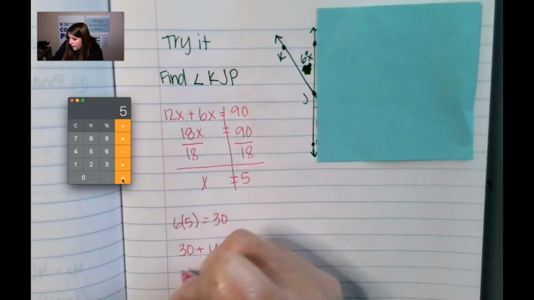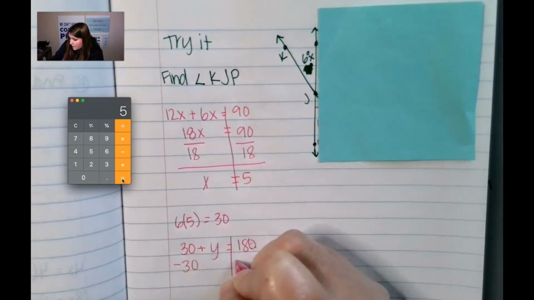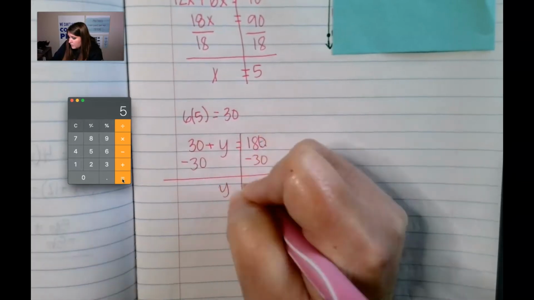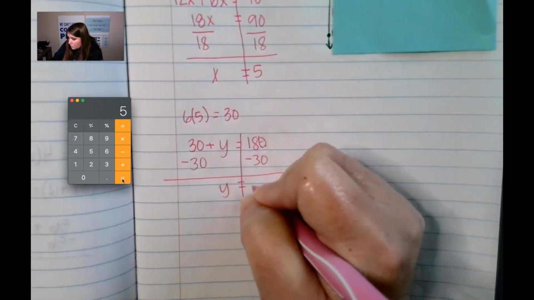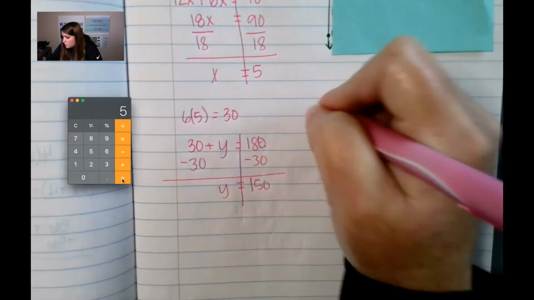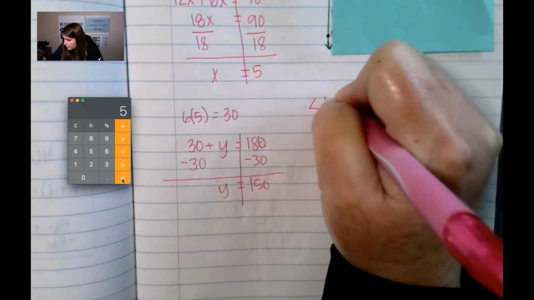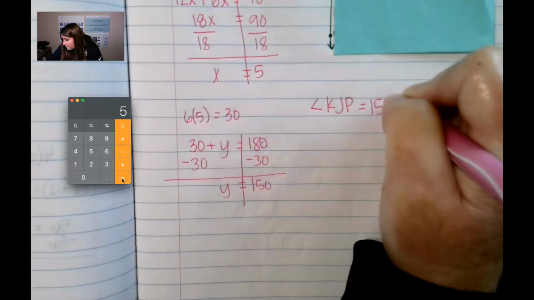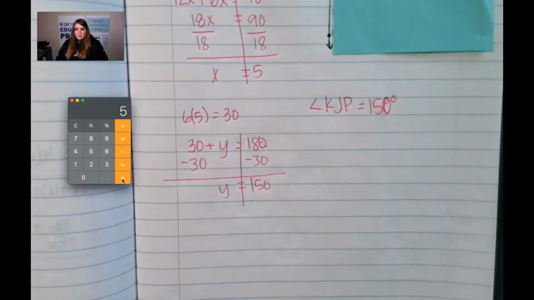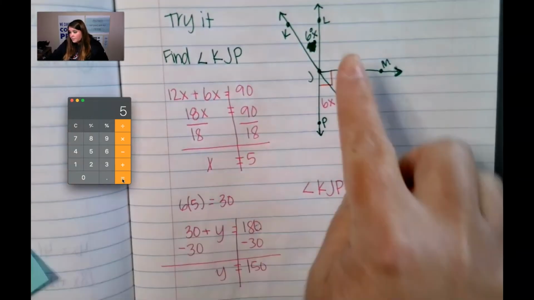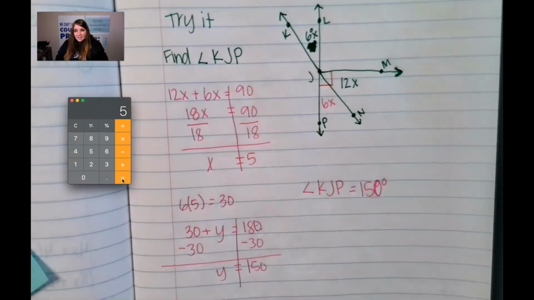So if I subtract 30 and minus 30, this unknown angle is going to equal 150 degrees. So angle KJP equals 150 degrees. All right. We also know that this one equals 90 if you don't like leaving it undone. You can go ahead and say that one equals 90.